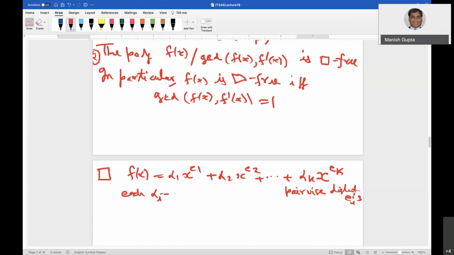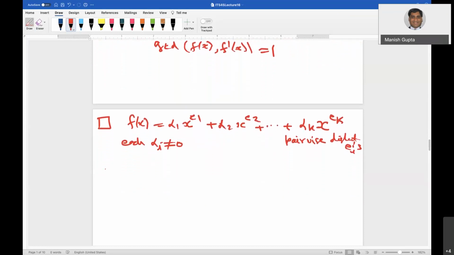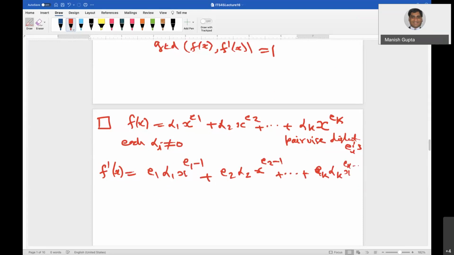Otherwise, it doesn't make any sense. Then I can compute the derivative of f(x), which will be e1 alpha 1 x raised to power e1 minus 1 plus e2 alpha 2 x raised to power e2 minus 1 plus dot dot dot plus ek alpha k x raised to power ek minus 1. Differentiation with respect to x will give us this.